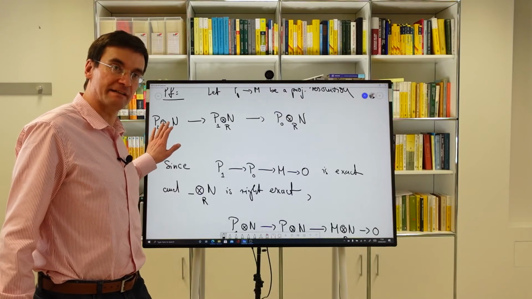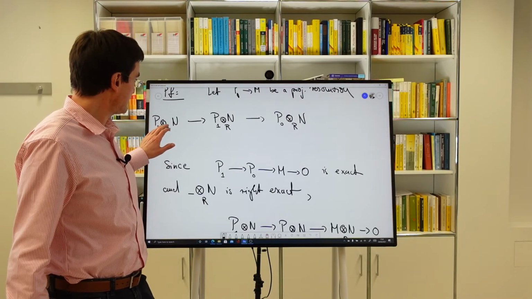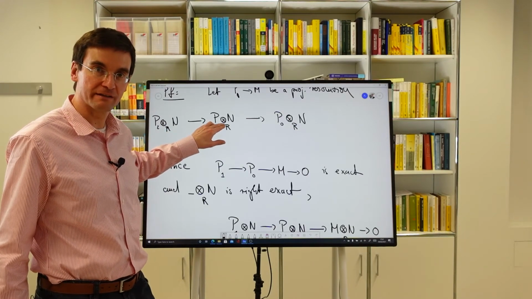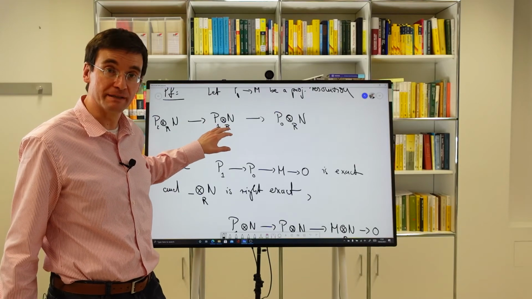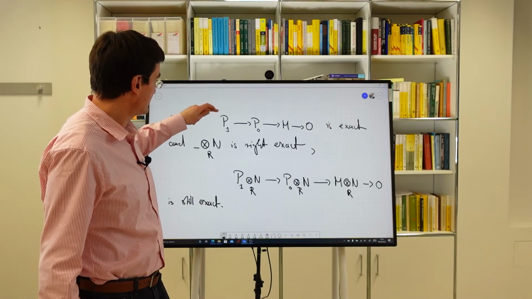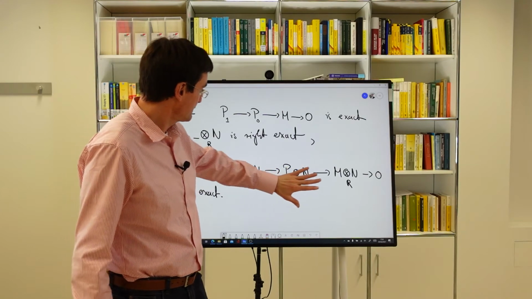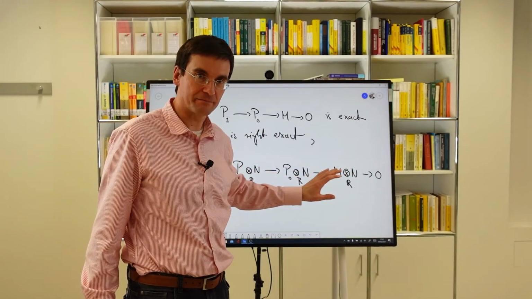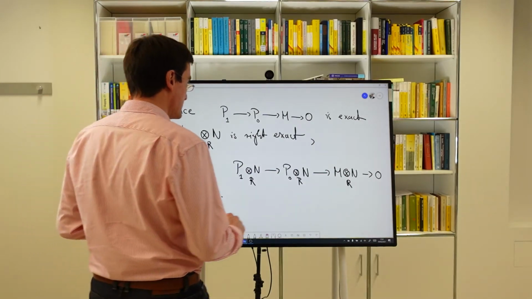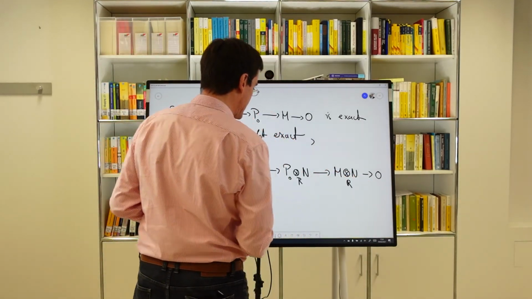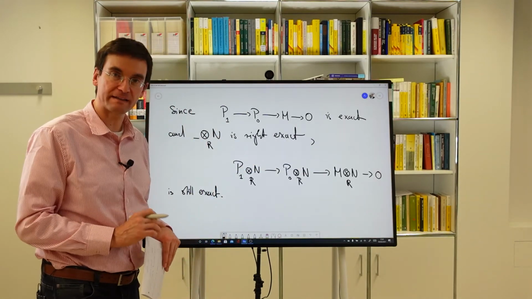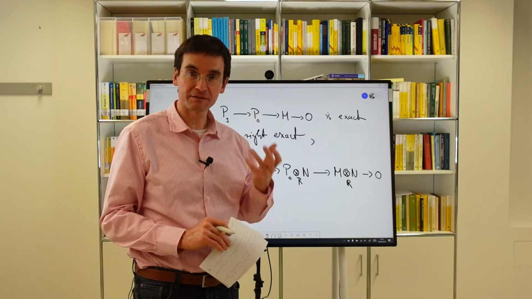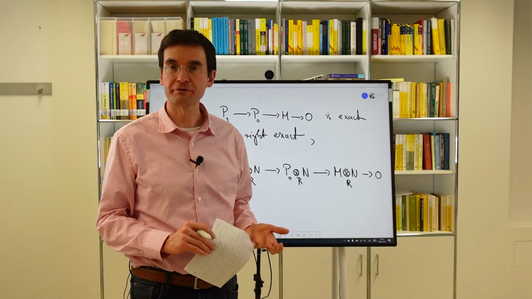If I would consider the next step here, I'm not claiming that this sequence is exact at this position. And in general, it won't be. I'm only claiming that this here is exact, and that just follows from the right exactness of taking the tensor product with n. And this is all we need, because now we described this m tensor n as the co-kernel of this map, and I already said that the co-kernel of that map is exactly h0 of p star tensor n, so this is exactly the Tor term in degree 0.